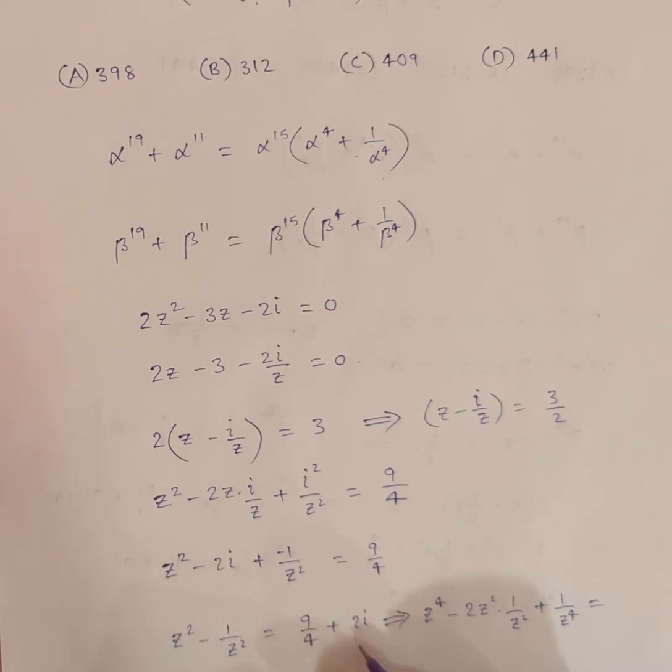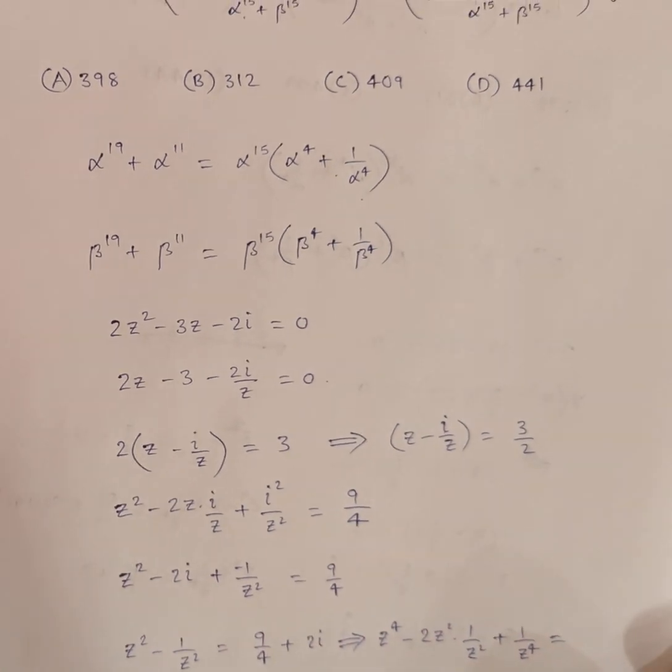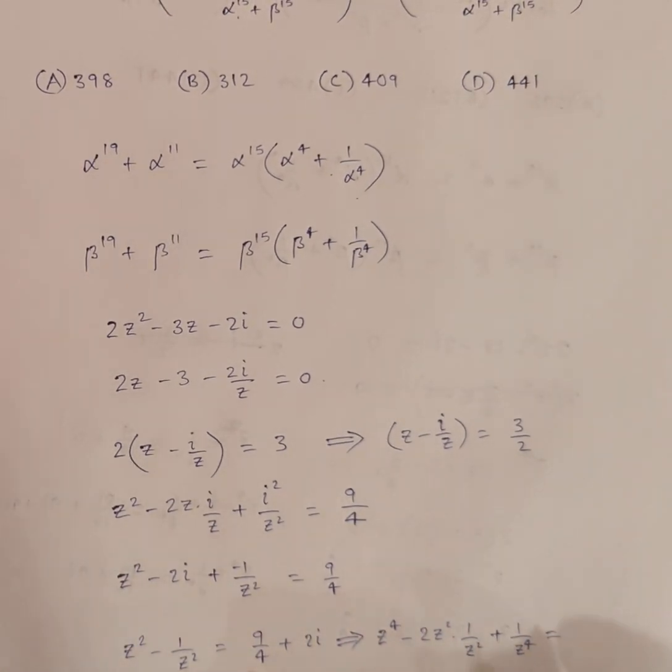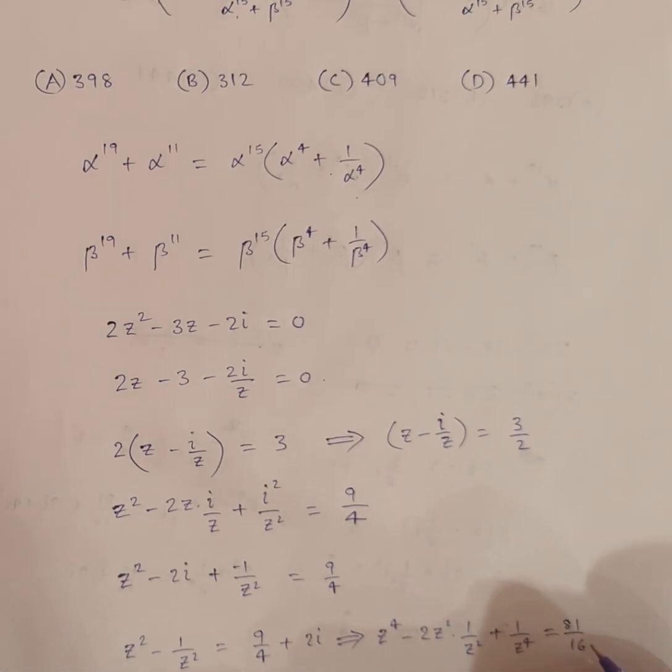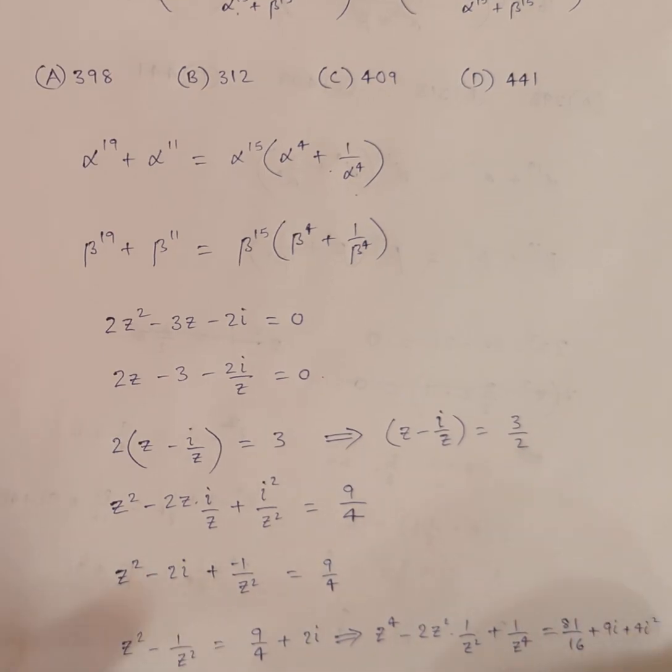On the other side, 9 over 4 squared becomes 81 over 16 plus 9 over 4 times 2i, so that's just 9i, plus 4i squared.